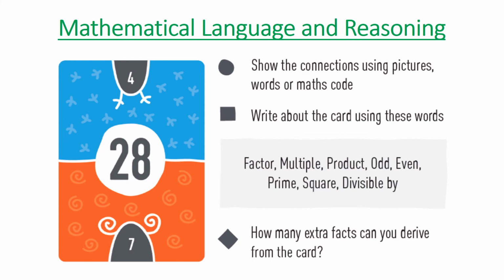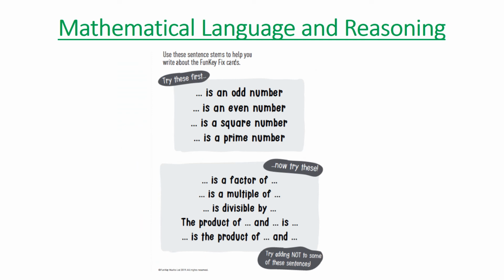And you can ask them how many extra facts can you derive, so recall, from the card. Here we would be expecting the children to explore the related multiplication and division facts and vary the position of the equal symbol. Here are some more sentence stems to help the children write about the Funkey Maths times tables cards.